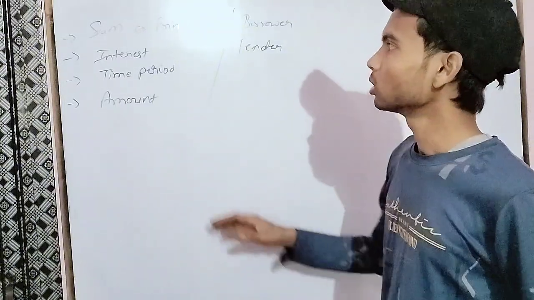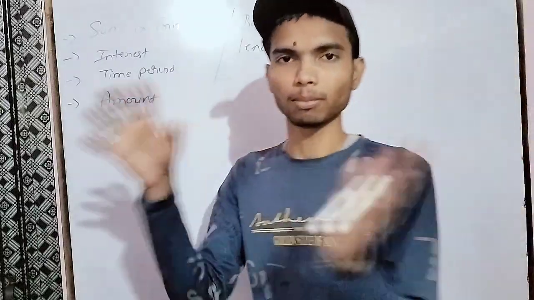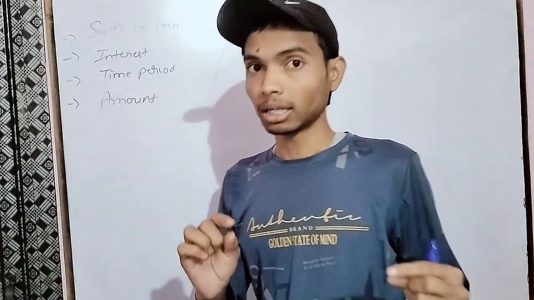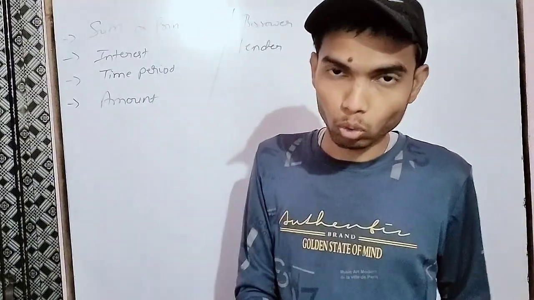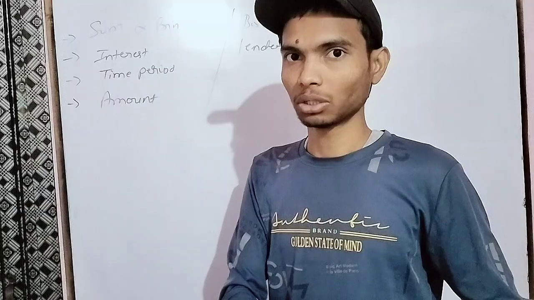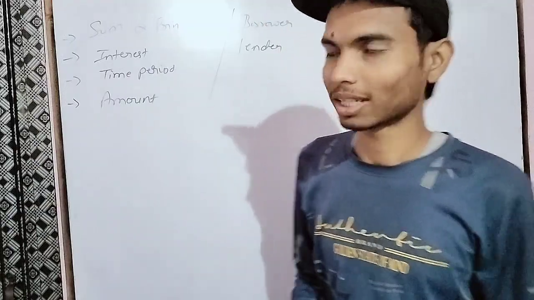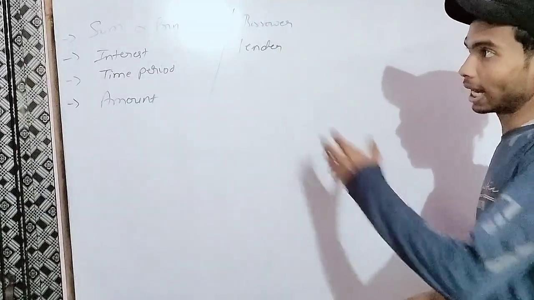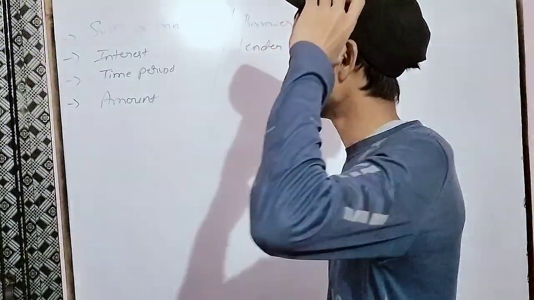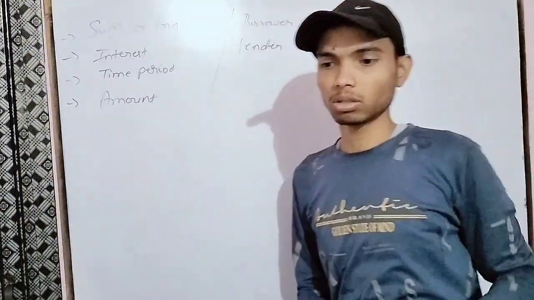If you are giving money to someone, then you can apply interest, and it depends on you how much interest you want to apply on the money you give. It happens in the banking sector.